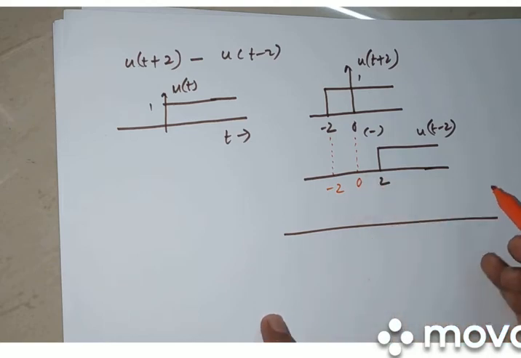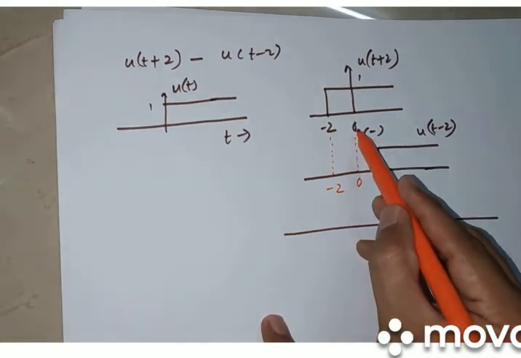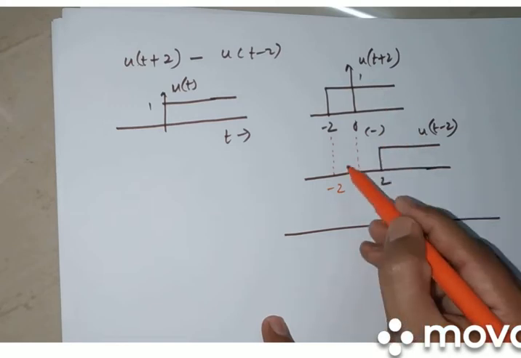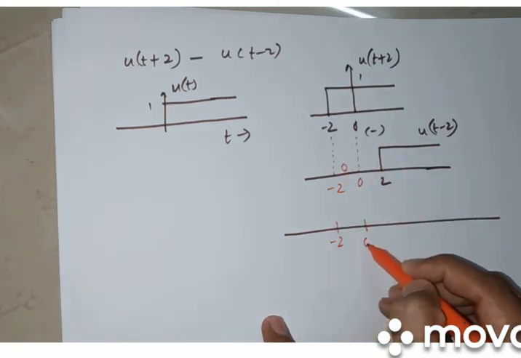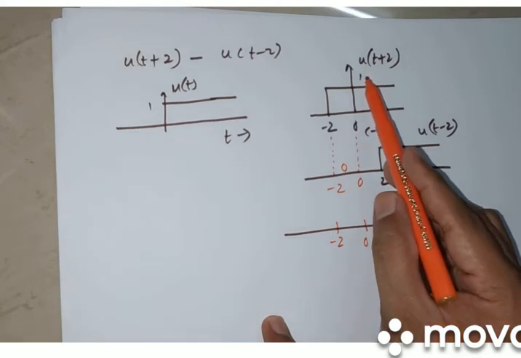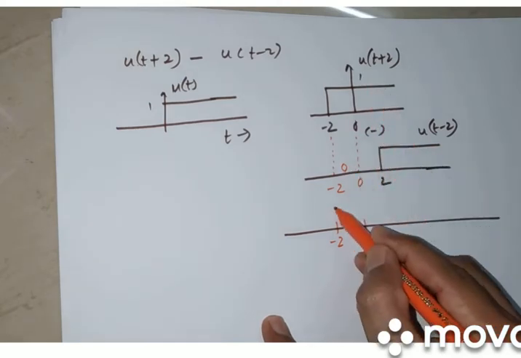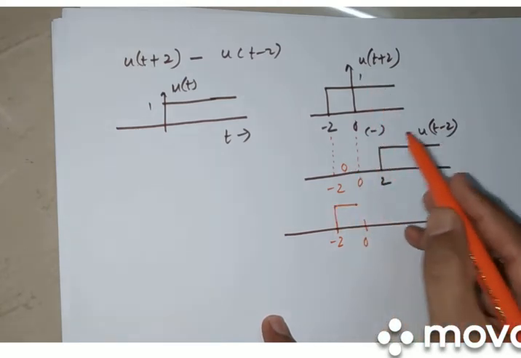Now if you see here, from minus 2 to 0, the value is 1 and here it is 0. So from minus 2 to 0, it is 1 minus 0, which is 1.